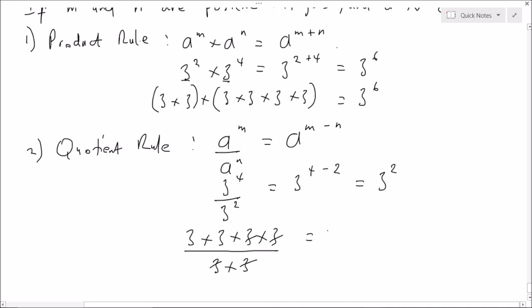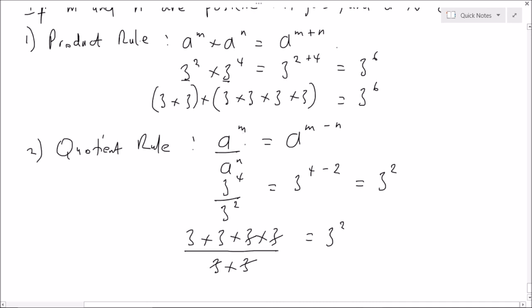And you all know that 3 times 3 is the same as 3 exponent 2, which gives us the same answer. Hence, if you have two indices that are dividing, you can simplify by writing the base with the difference of the exponents.